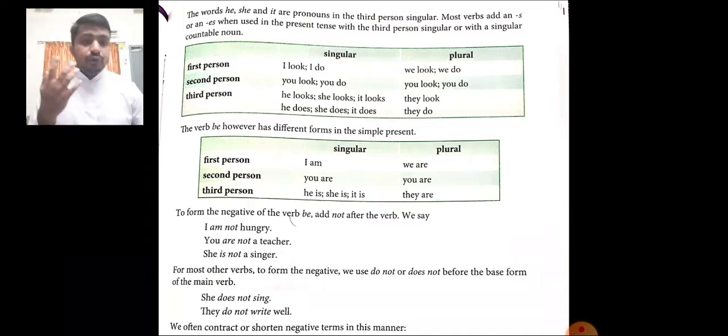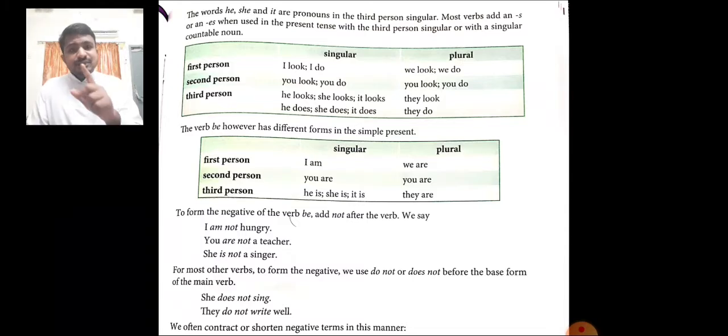Now how to form the negative? In order to form the negative of the verb be, we need to just add not. That is, I am not hungry, you are not a teacher, she is not a singer. But with the other verbs, you need to add either do or does plus not. So subject plus do or does plus not plus base form of the verb plus object.